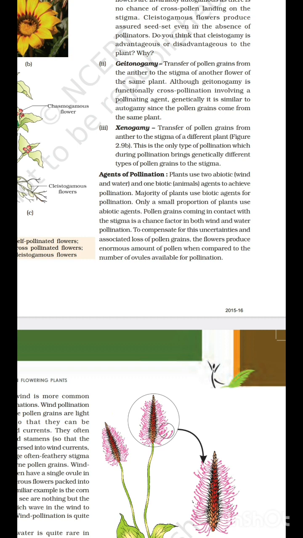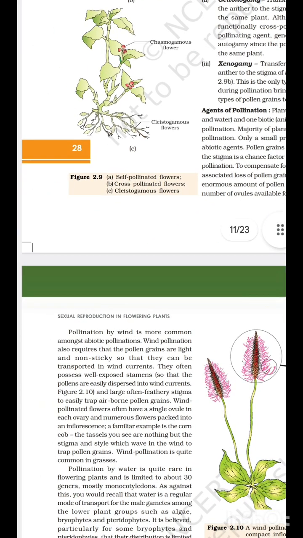To compensate for these uncertainties and the associated loss of pollen grains, the flowers produce enormous amounts of pollen grains compared to the number of ovules available for pollination, because many of them get lost during the transfer process.